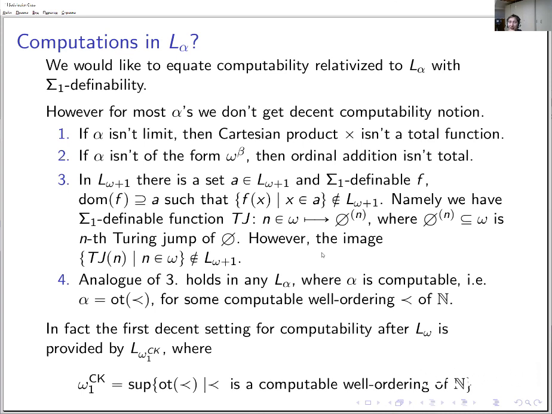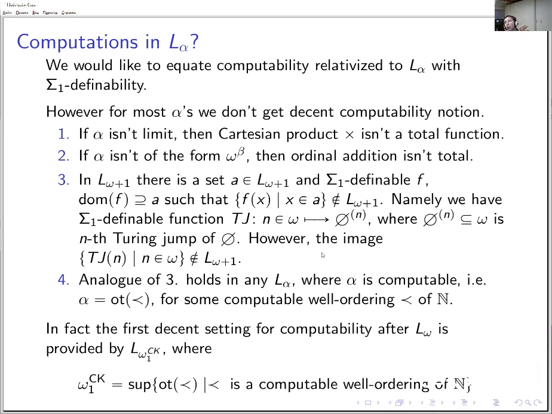However, the set of all Turing jumps wouldn't be an element of L omega plus 1. Is that correct? Yes, this should be correct.